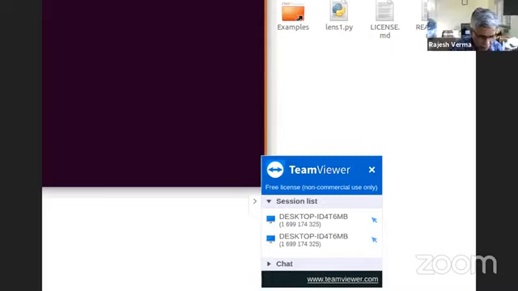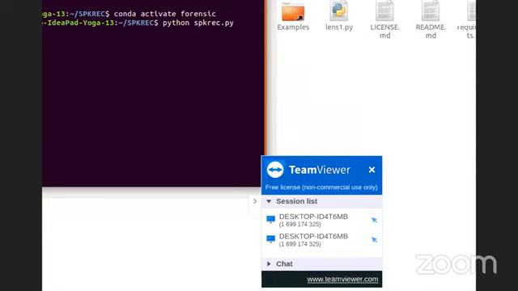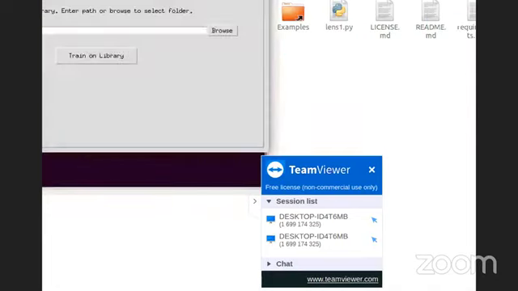So this is how we activate the system. It is based in Python, and we have a GUI here.